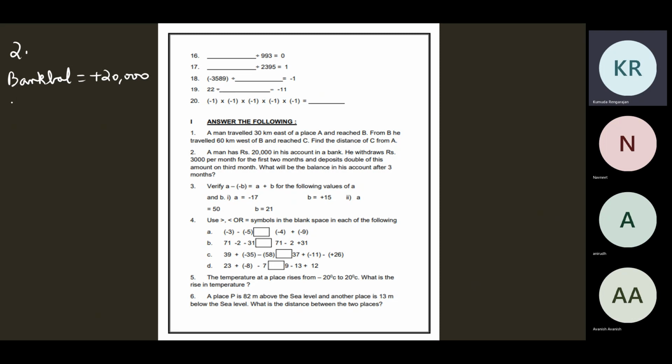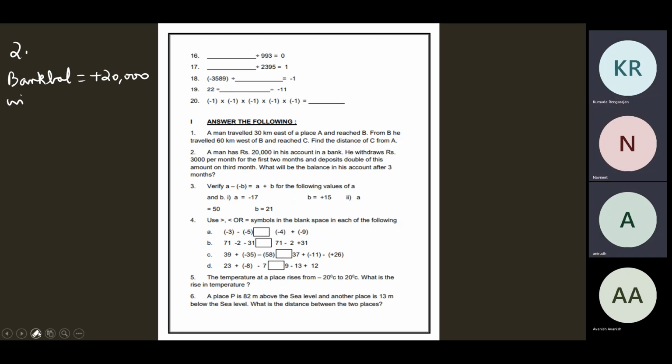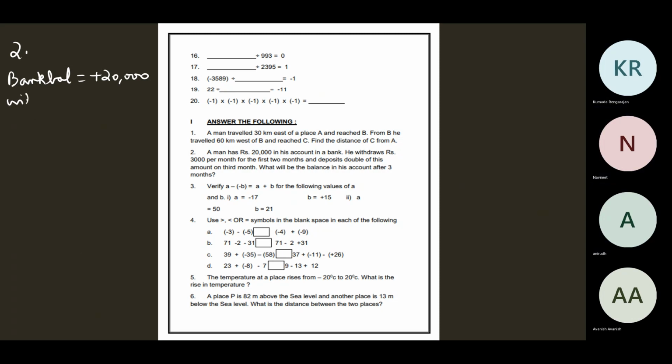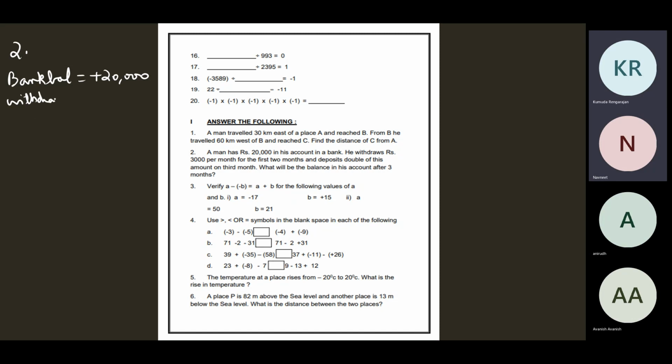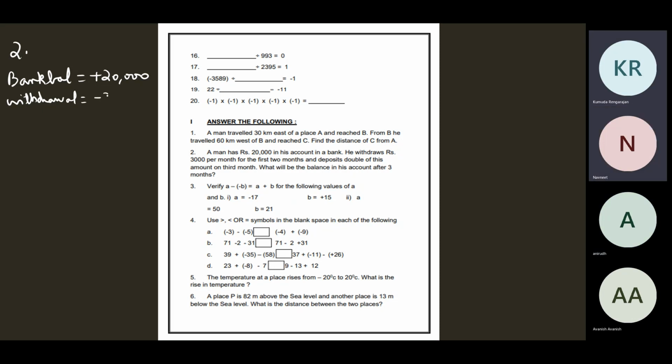So he withdraws that. Withdrawal is equal to minus 3,000 into 2 for 2 months, so that is minus 6,000.